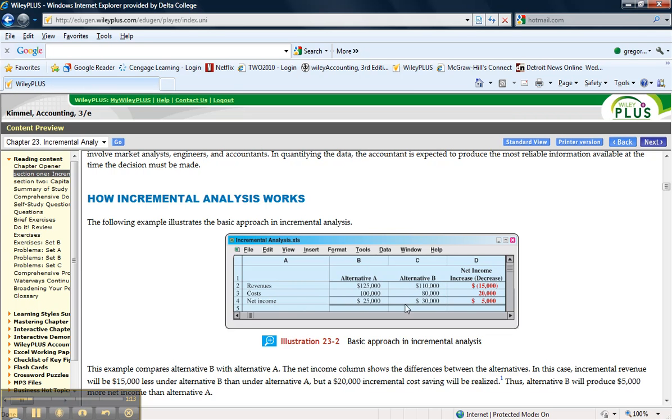Basically speaking, with all of these types of analyses that you're going to encounter in the next, I think, 6 study objectives, the idea is you put the two alternatives next to each other and you compare their impact on revenues, costs, and net income of a company and see which one ends up in a better position, and you go with that choice.